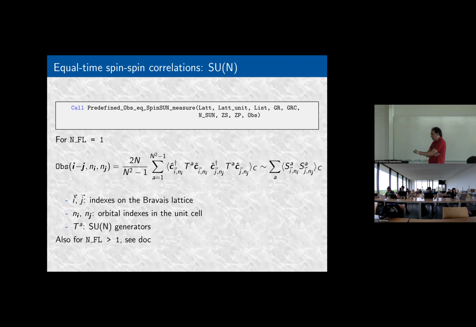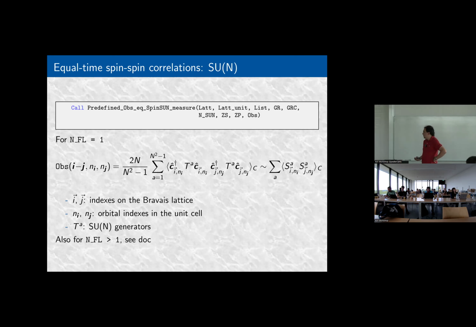So that you can do by formulating a model that has a specific filling, and for that class of representation the generators of SU(N) are really written in this way: c dagger T c. Only for this class of representation. And so in this case, this is already the formula you need. And if you want a different representation, you simply have a different filling factor.